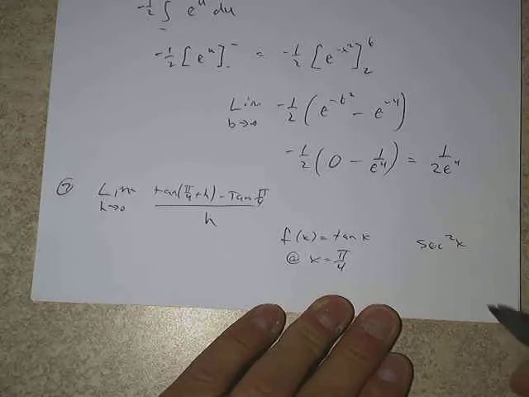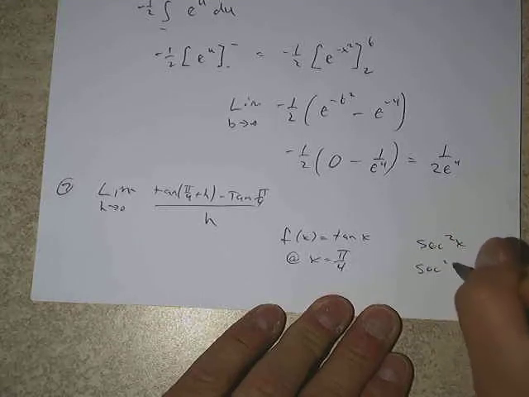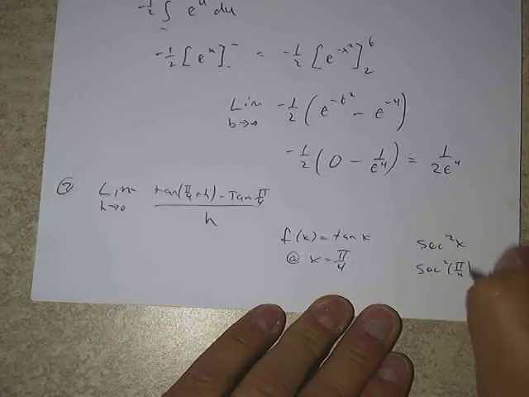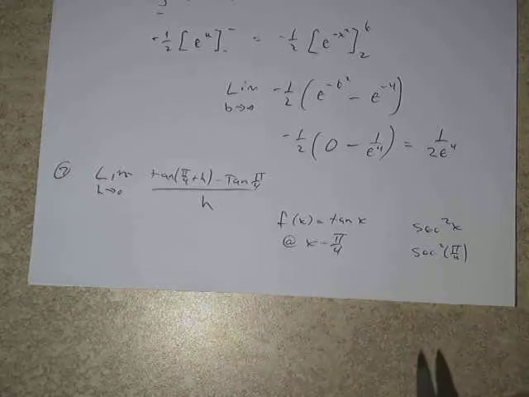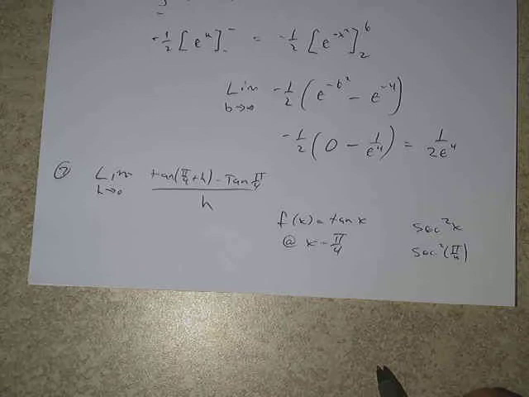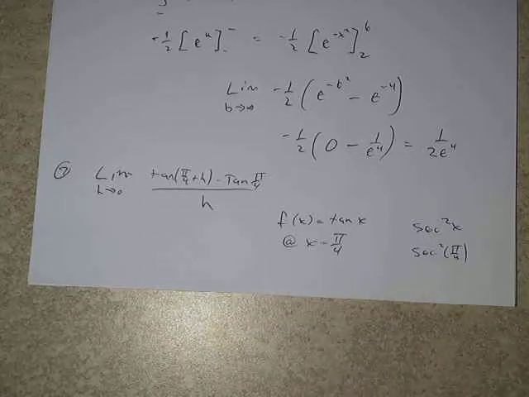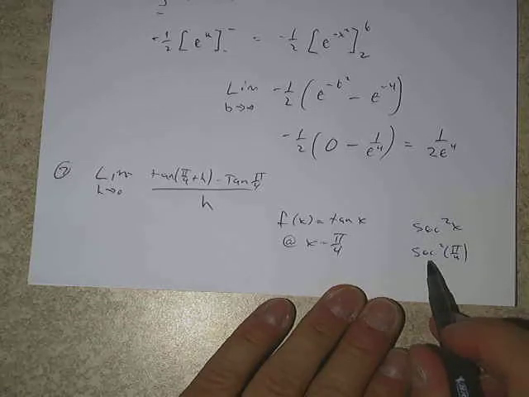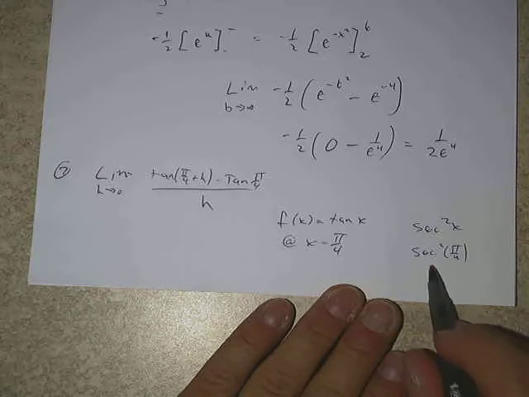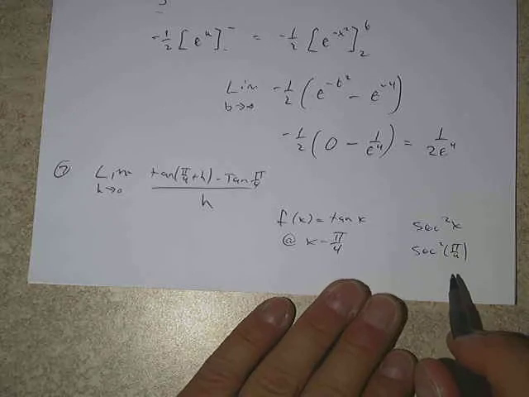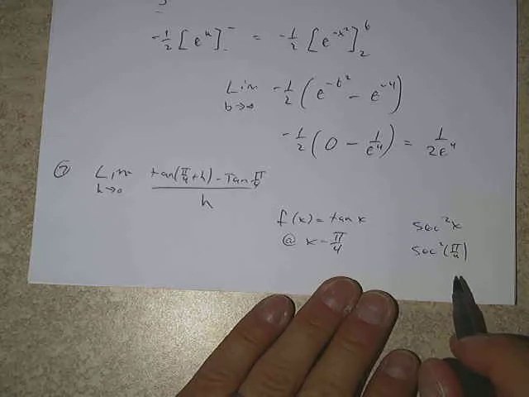And what do we know about the derivative of the tangent? Secant squared x. And so if we do secant squared x at pi over 4, the tangent of pi over 4 is 1. Sine and cosine are equal to each other. Actually I lied, I don't care about tangent, I want to know cosine, sorry.